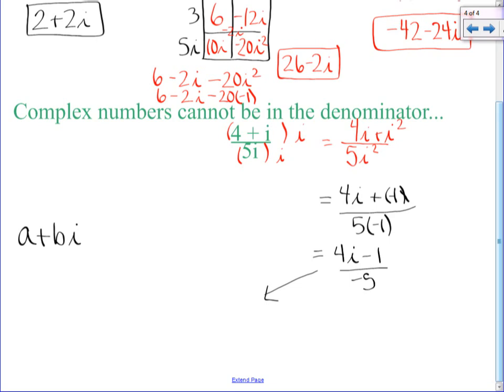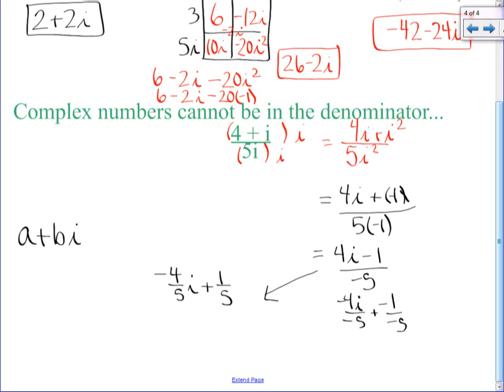So if we just break it up into two fractions, what would it look like? Okay, so let's talk about this. This negative 5 right here, if we break this up, negative 4i divided by negative 5 and negative 1 over negative 5, you can break those up just by putting the negative 5 under each of the two terms.